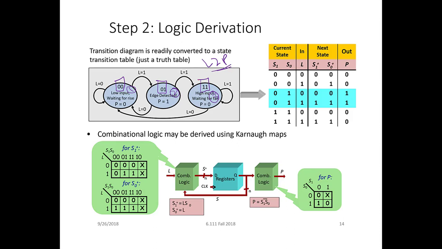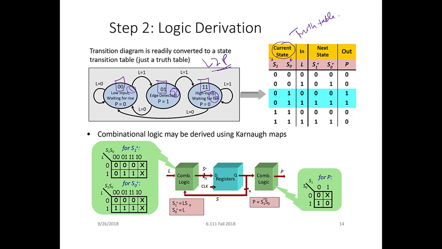Next thing is we develop a sort of truth table. Something like this. On this side we have the current state, and as we see we need 2 bits, S0 and S1, for the current state.